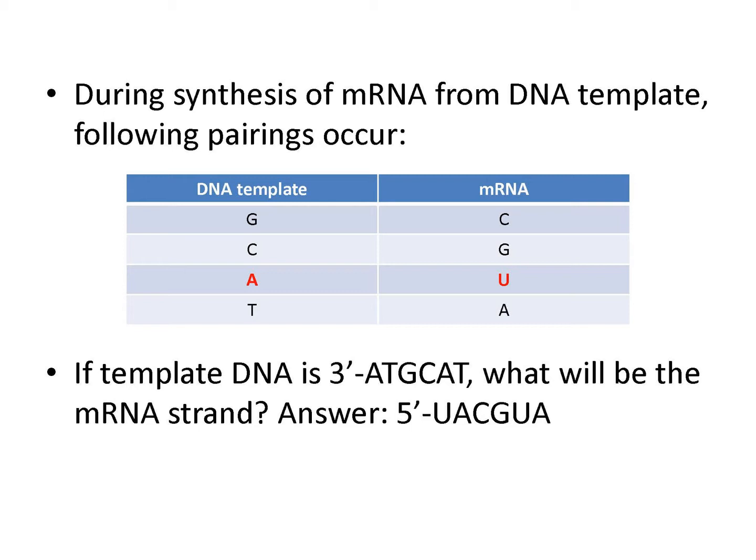The pairing in the mRNA will be: G will pair with C, C will pair with G, A will pair with U, T will pair with A. This is because there is no thymine in mRNA, right? Thymine is replaced with uracil. So if the template DNA is ATGCAT, the mRNA strand should be UACGUA.